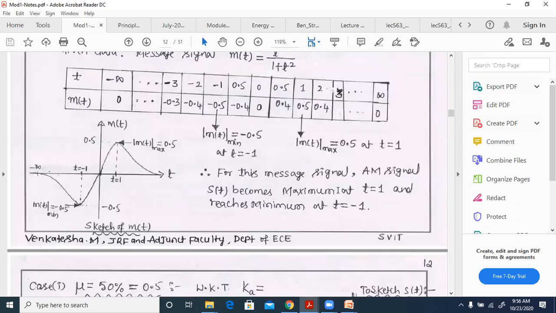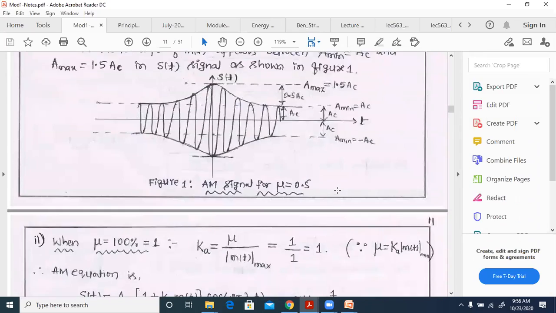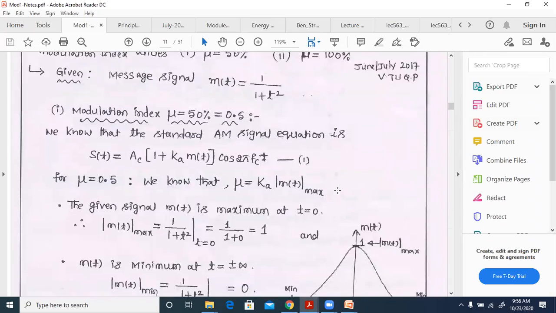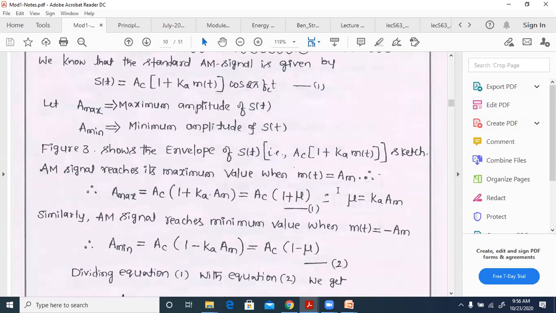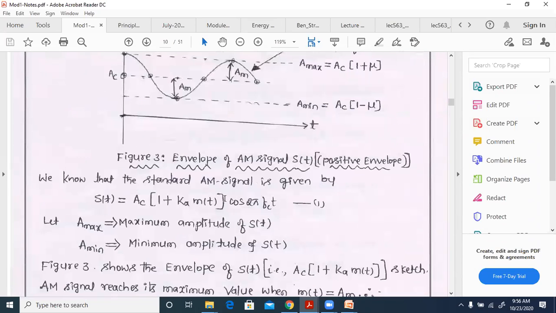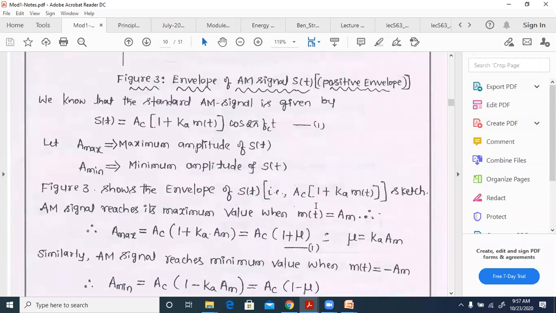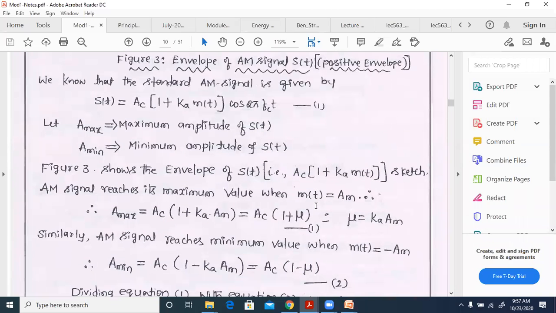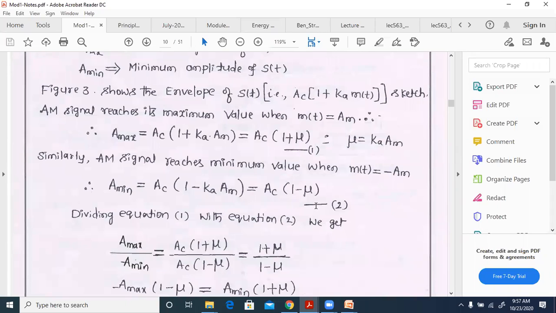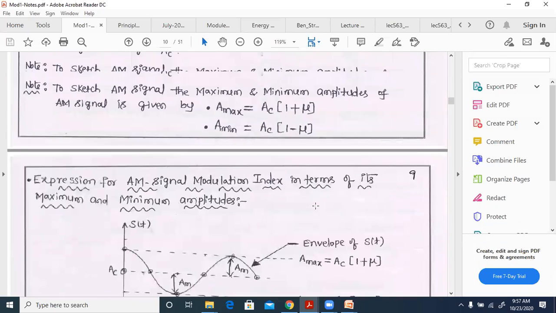I think this might not be here, it might be there in the slides. Just check that up. There's nothing big about it. Only in place of this m(t), you need to write the value Am cos of 2 pi fmt, where ka Am will become mu.